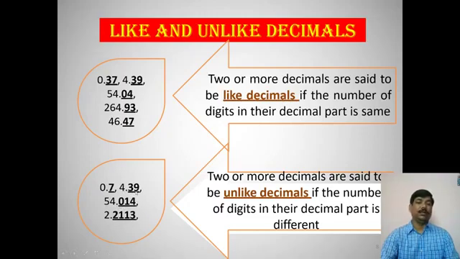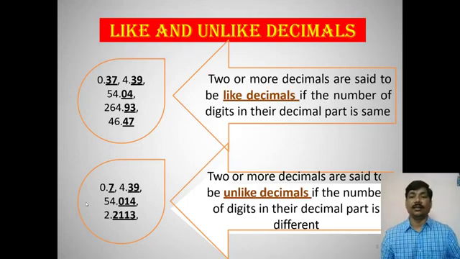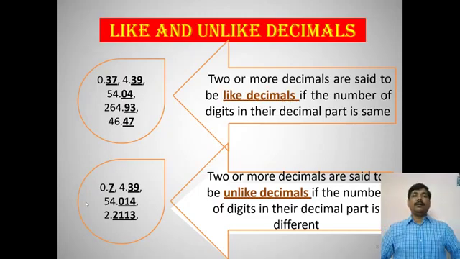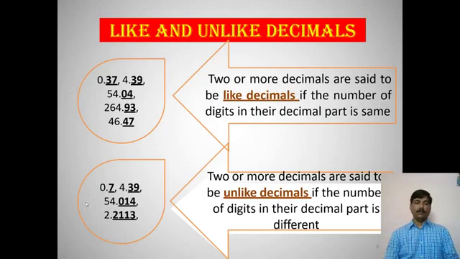So all these are unlike decimals. In a nutshell, like decimals are decimals which have the same number of digits after the decimal, and unlike decimals are decimals which have a different number of digits after the decimal.